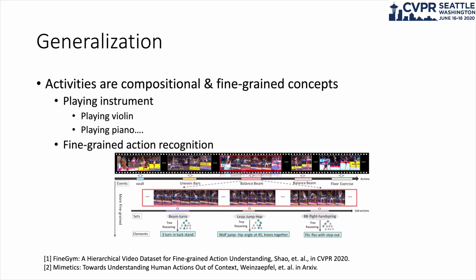Some other activities differ only in minor changes in the postures of people over time, such as gymnastics. How can our models generalize to these use cases? Recently, there have been a few new datasets proposed for fine-grained action recognition and action recognition out of context, which may shed light on this problem.